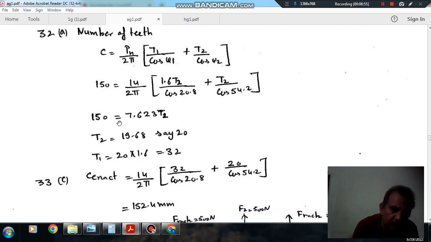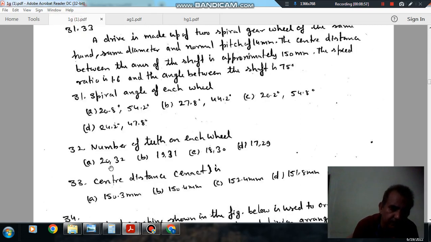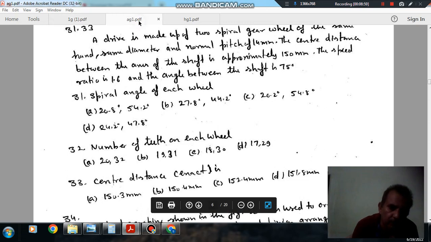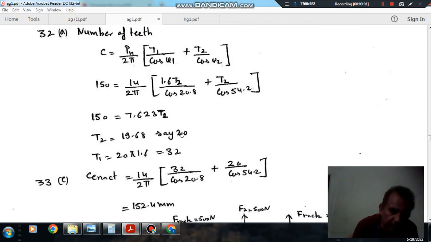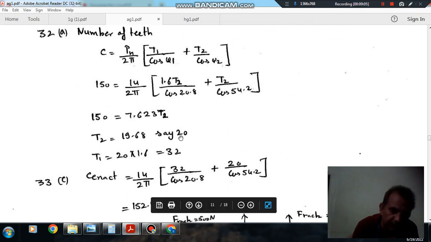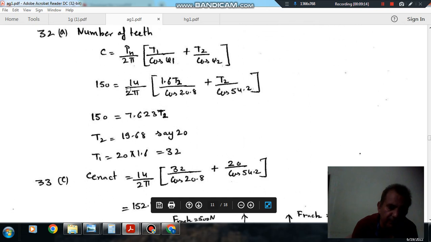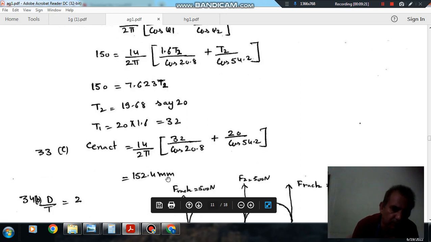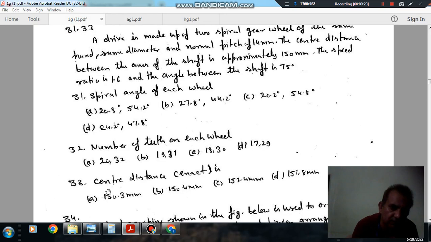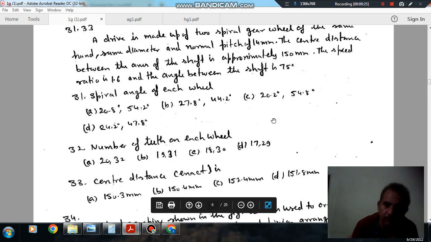Corresponding to that, the answer to question number 32 is A. Okay, now we have 20 and 32 teeth, so corresponding to those integers, by putting in the same formula we can calculate the center distance. pn is given as 14, t1 is known, t2 is known, psi 1 is known, psi 2 is known, so it will be 152.4. The answer is C. Question number 33, the answer is C.